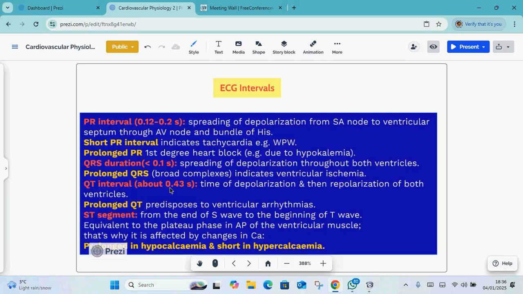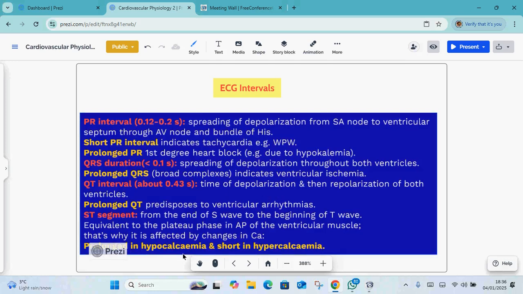QT interval is up to 0.43. If QT interval is more than 0.43, this can cause ventricular arrhythmias, and there are many drugs or diseases that can cause that. ST segment is very important for myocardial infarction, heart attack. You need to see the ST segment because it can go up or down, above or below the isoelectric line.